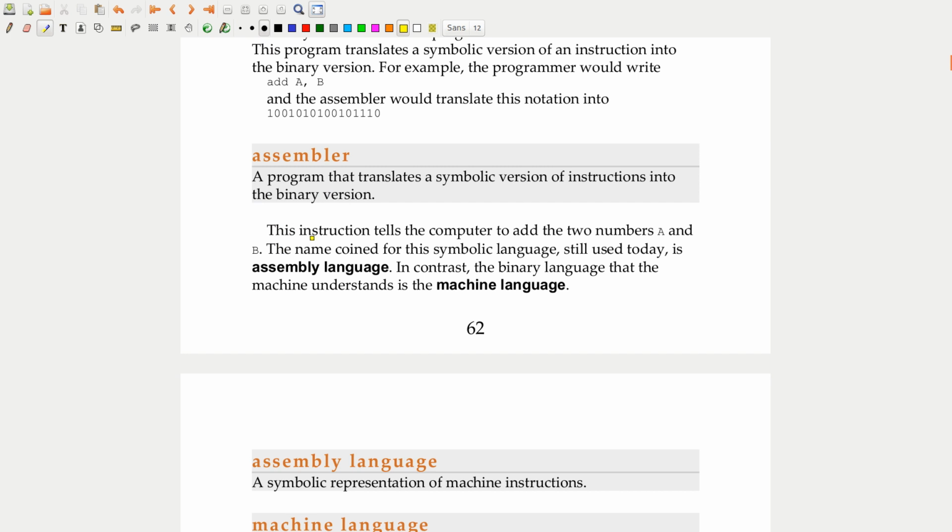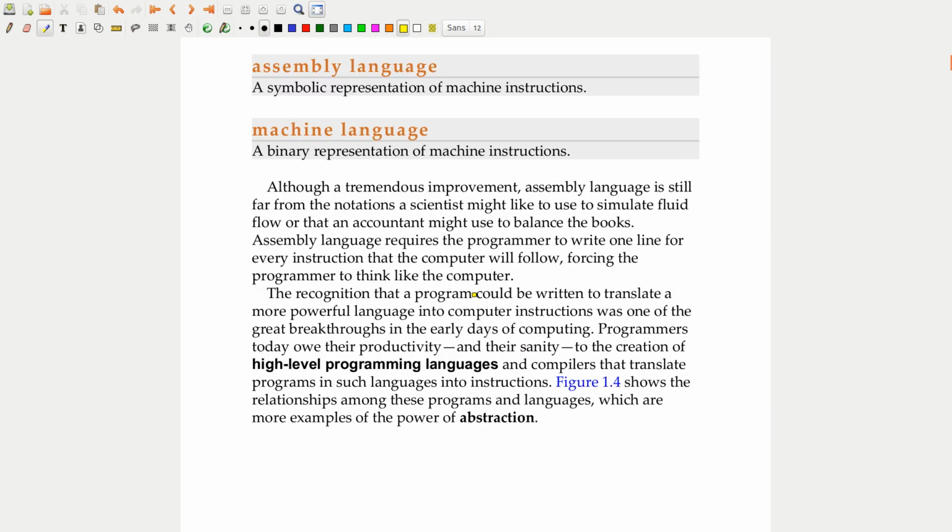The instruction tells the computer to add two numbers, A and B. The name coined for this symbolic language is assembly language. And when we're talking about these binary strings up here, we're going to call that machine language. So that's pretty easy to understand. So we assemble assembly language into machine language.